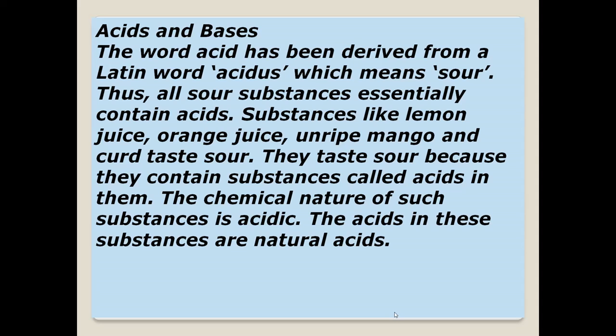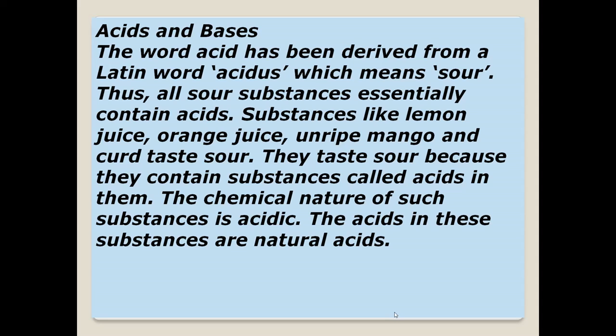Acids and bases. The word acid has been derived from the Latin word acidus, which means sour. Thus, all sour substances essentially contain acid. Substances like lemon juice, orange juice, which you have just seen in the image, unripe mango and curd taste sour.